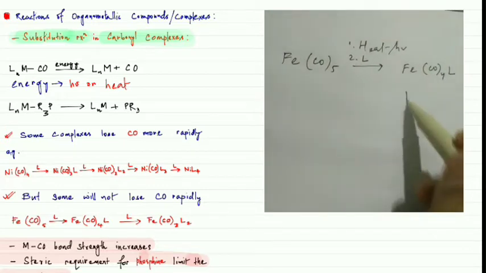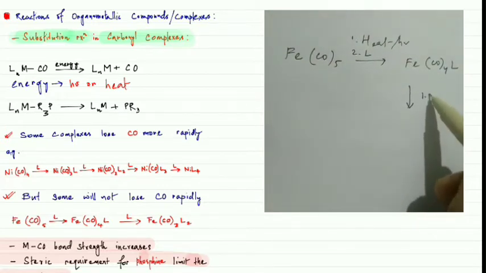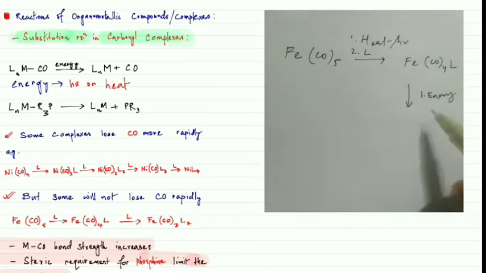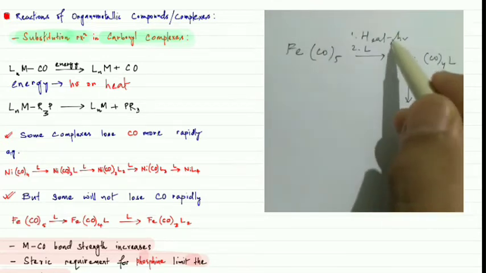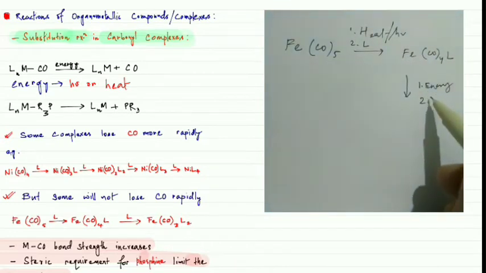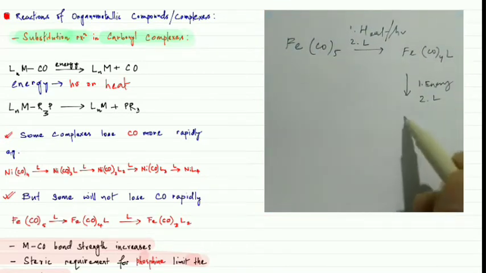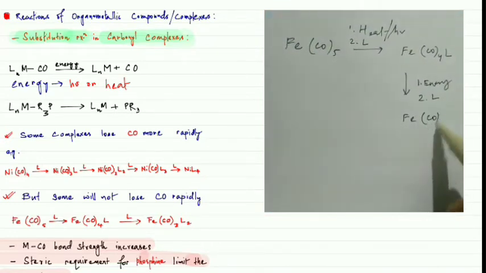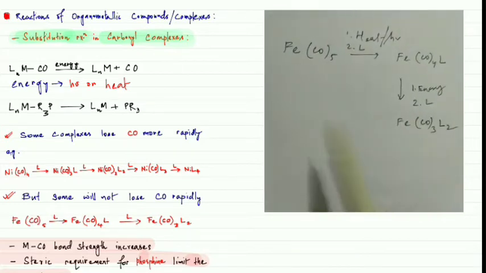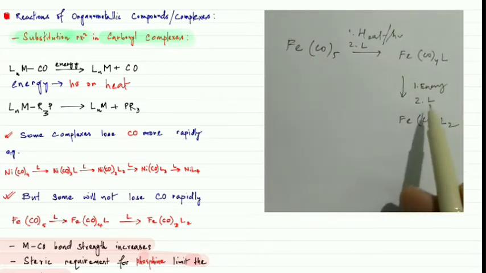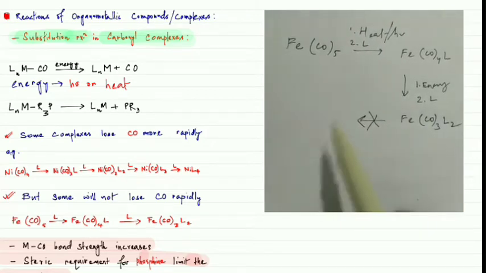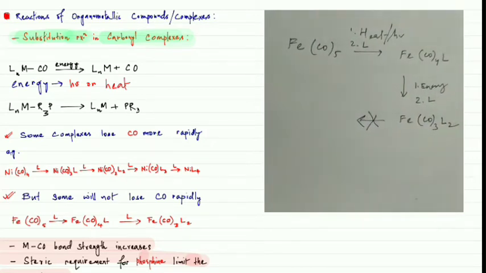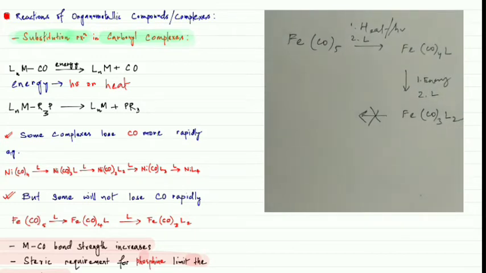Again, for the second step, first energy in the form of heat or h nu, and second step ligand, then you can get Fe(CO)3L2. But if you add more energy and ligand, then it will not give the further product, because the bond is going to become stronger.